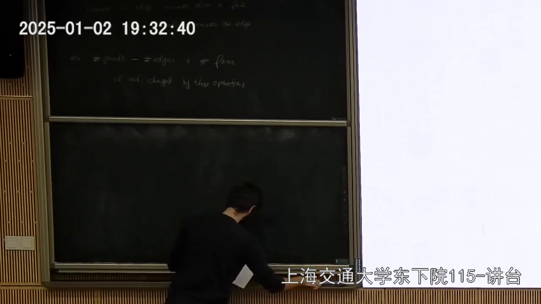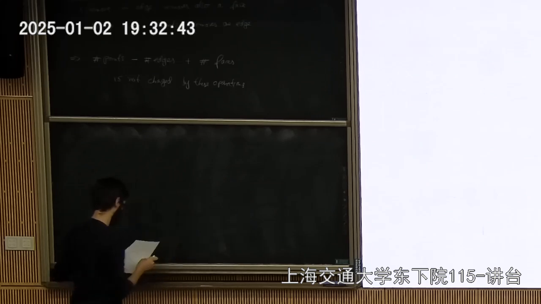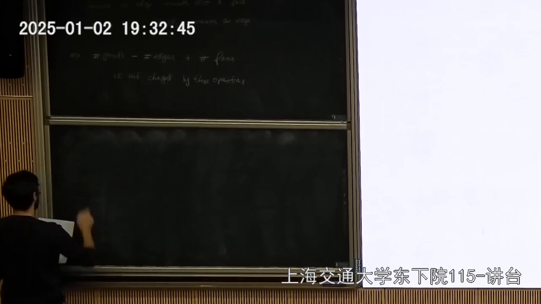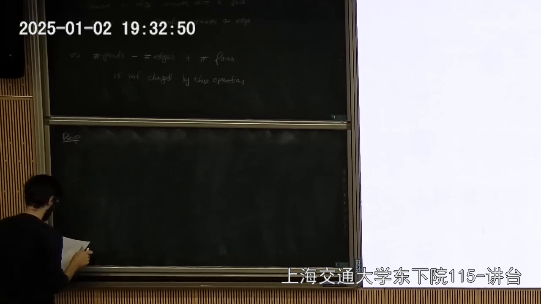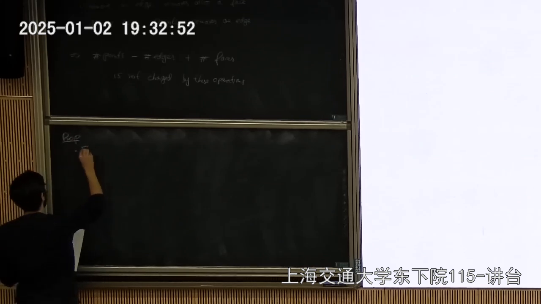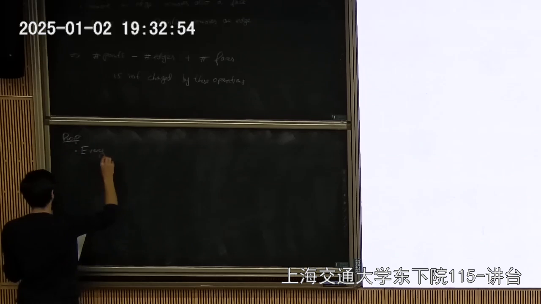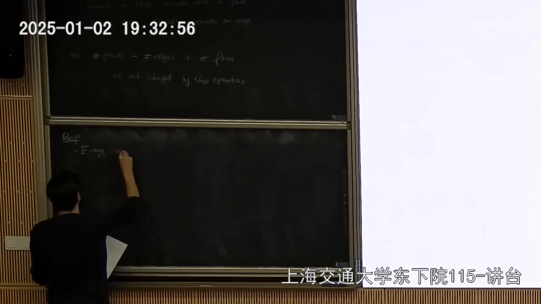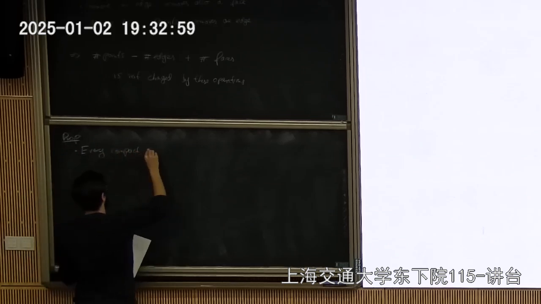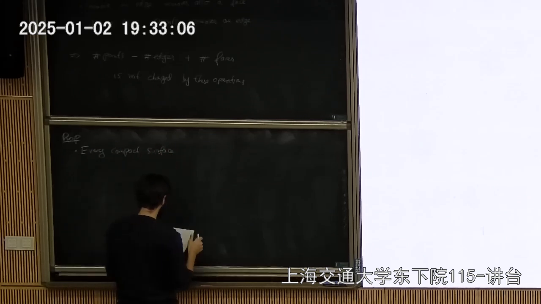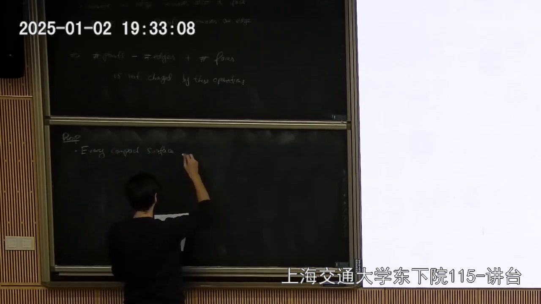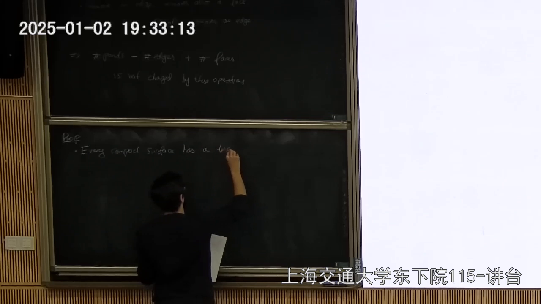So we have the following proposition. The first one is that every compact surface, maybe even with a boundary, has a triangulation.